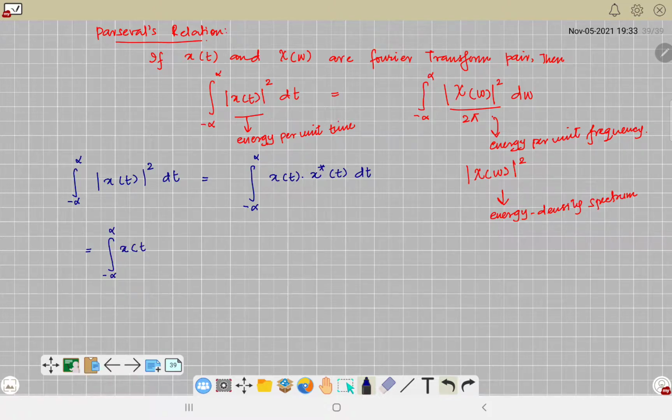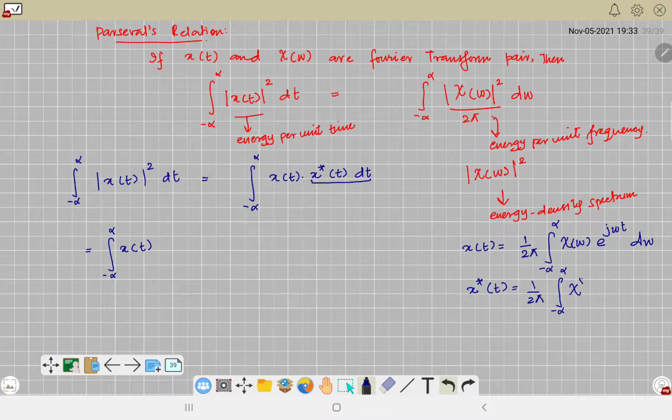x of t I will keep as it is, and we will write an expression for this in terms of the Fourier transform. So if x of t is equivalent to the relation 1 by 2 pi, minus infinity to plus infinity, X of omega e raised to the power j omega t d omega, and if I take the conjugate on both sides, it will be 1 upon 2 pi, minus infinity to plus infinity, X conjugate omega and e raised to the power minus j omega t d omega.